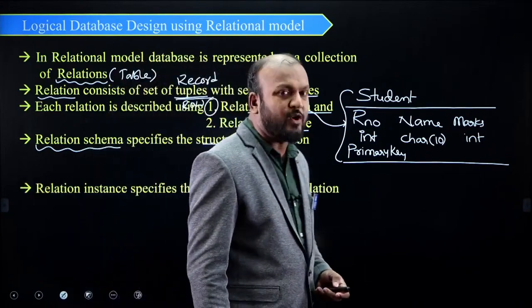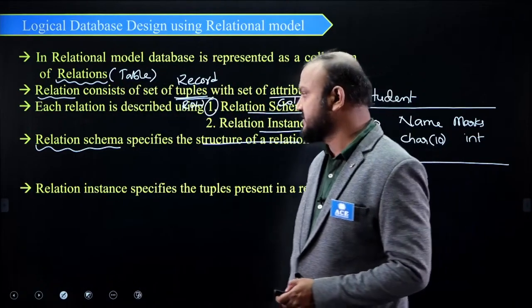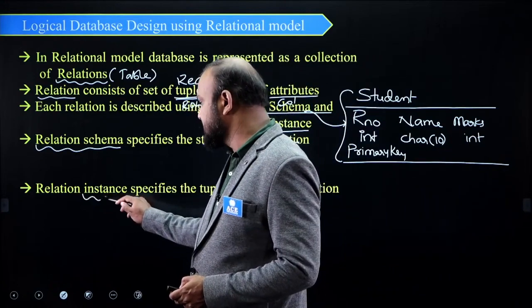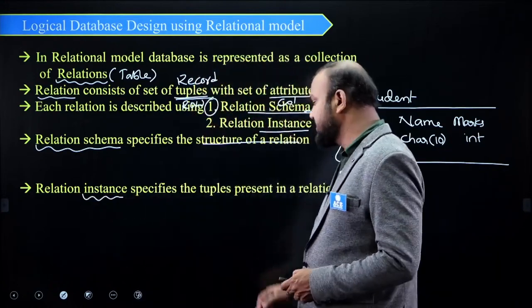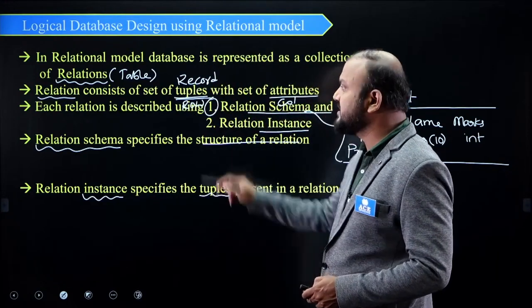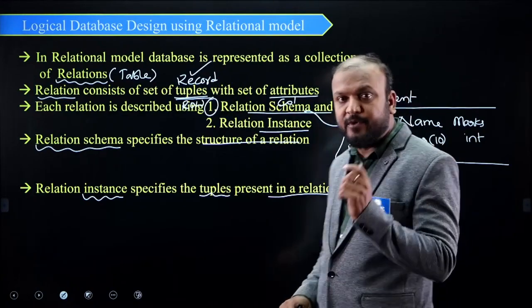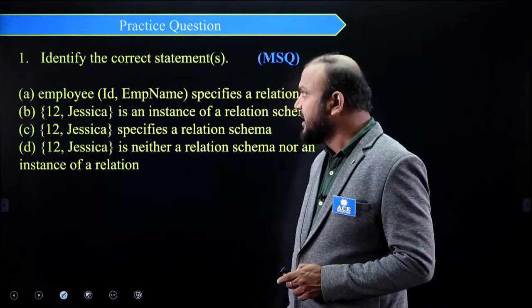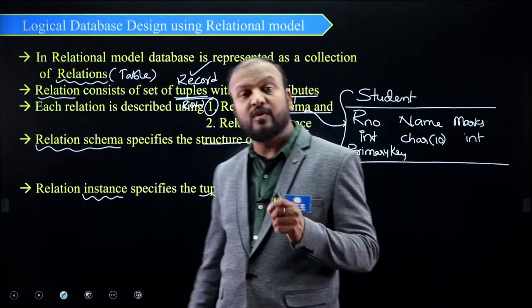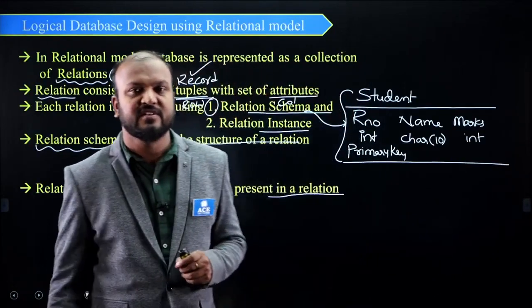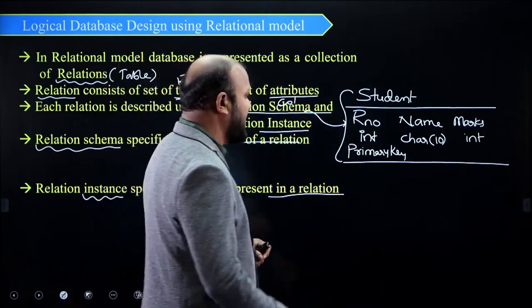And the next thing we call relation instance. Now what is an instance? An instance specifies the tuples, which are nothing but the records present in a relation at a particular moment of time. Have a look.